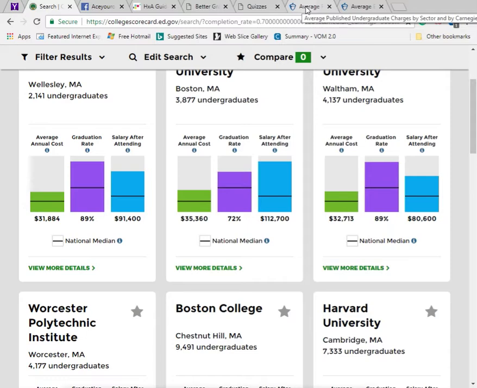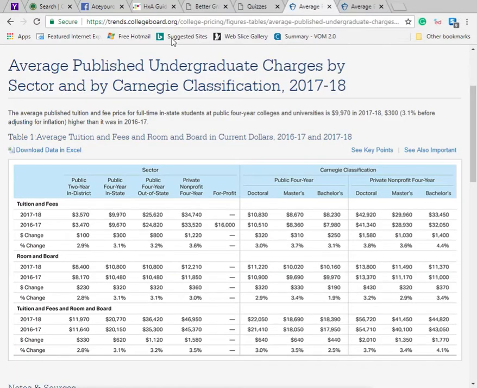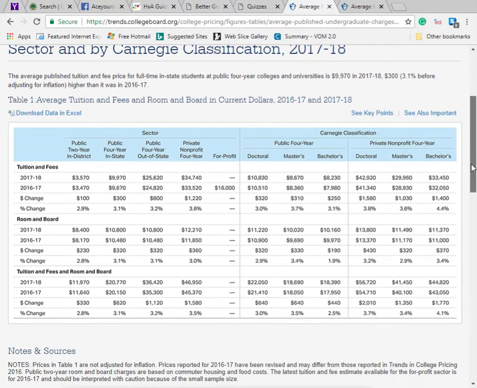To look at real costs, you want to go over to some site like the College Board provides. So this is trends.collegeboard.org, and there you can find all sorts of information about the actual costs. So for example, for a public 4-year out of state, the total cost for tuition, fees, room and board is more like $36,000.